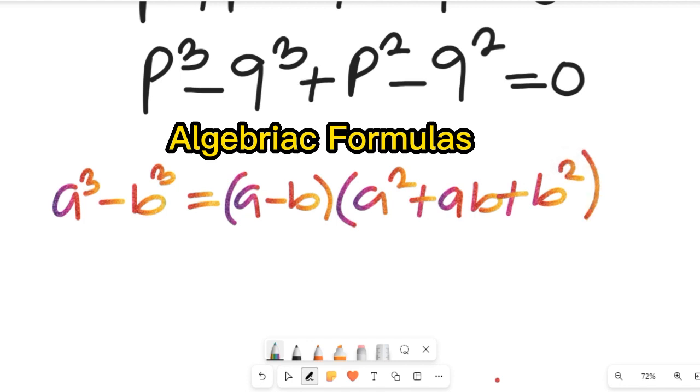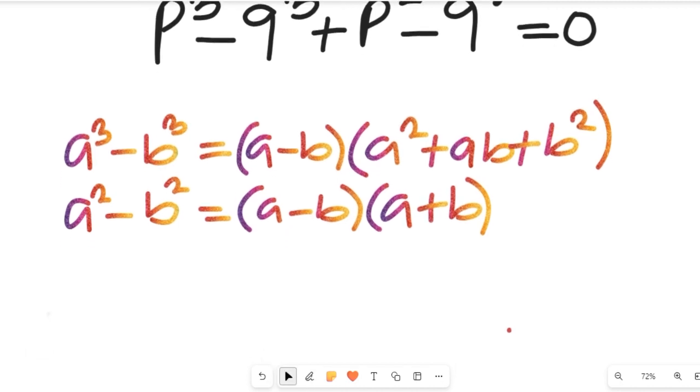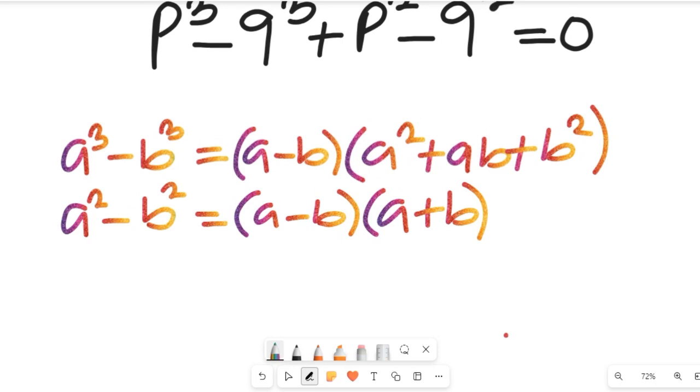Good. And also if we have a to the power of 2 minus b to the power of 2, this can be equal to a minus b, and then we'll have a plus b. Great.